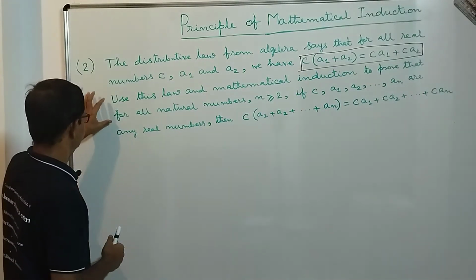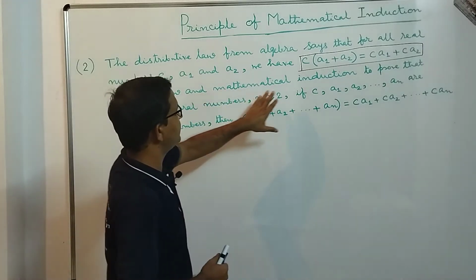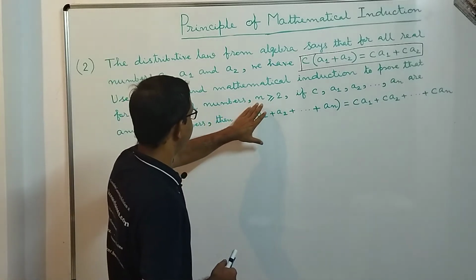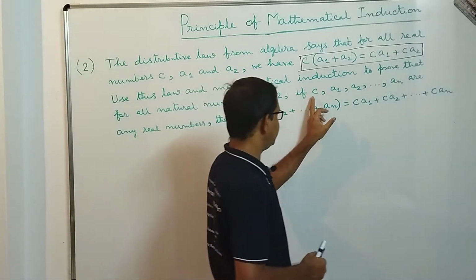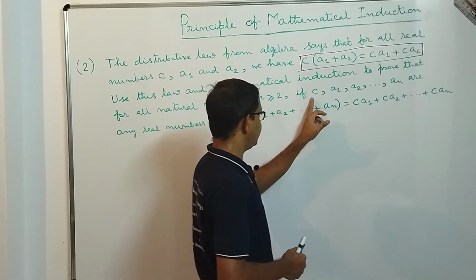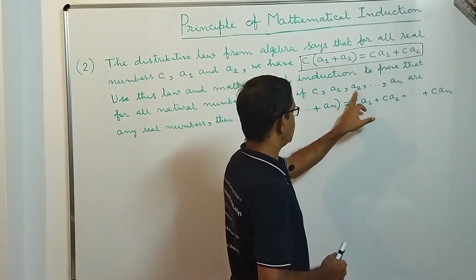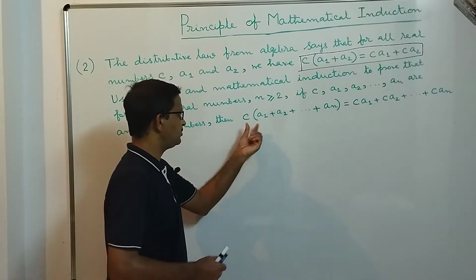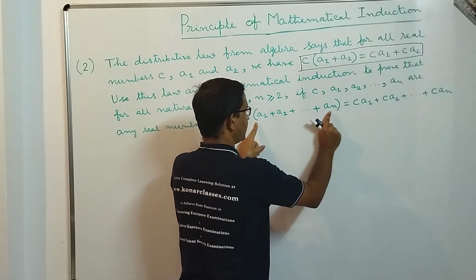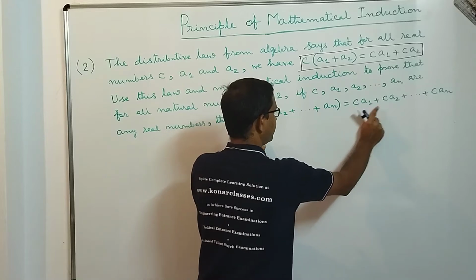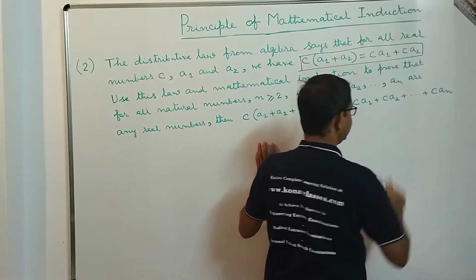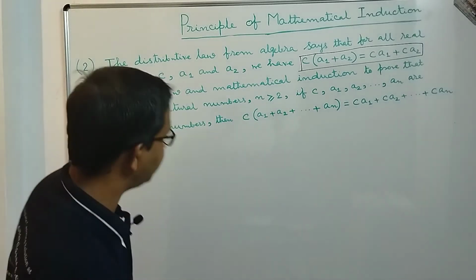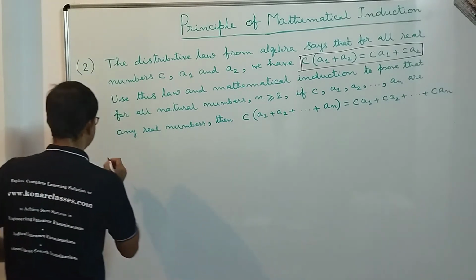What we are going to do is use this law and mathematical induction to prove that for all natural numbers n greater than or equal to 2, if c, a1, a2, up to an are any real numbers, then c into (a1 plus a2 plus up to an) is equal to ca1 plus ca2 plus dot dot dot up to can. So by looking into this problem statement, what is our mathematical proposition, dear students?